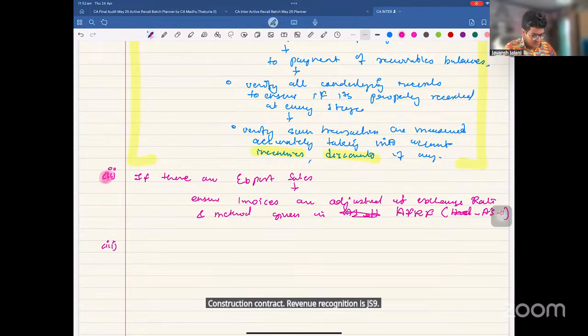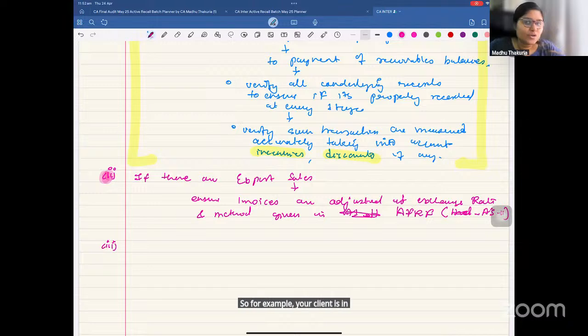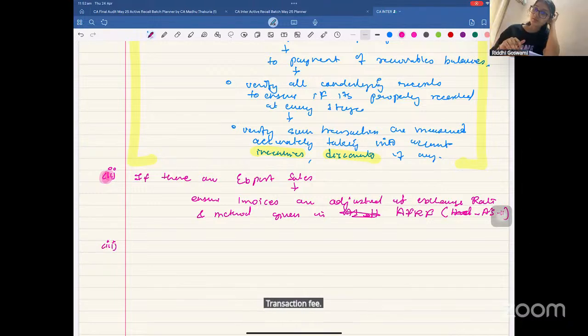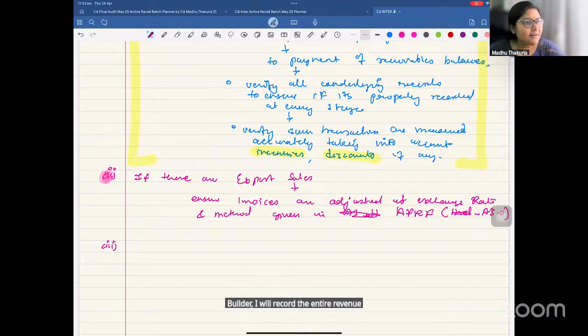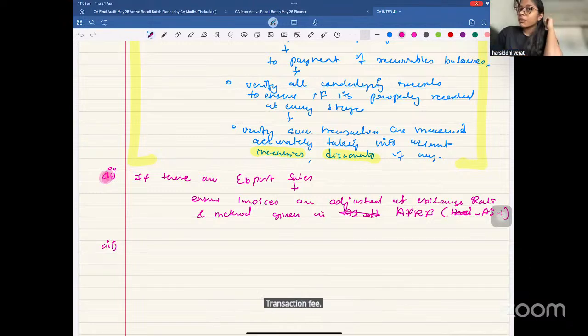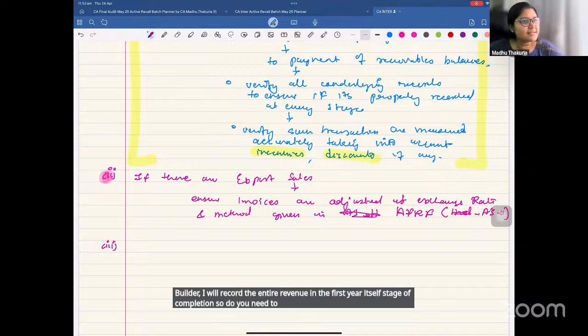So for example, your client is in construction. Will they record the entire revenue in the first year itself? No. Stage of completion. So do you need to understand the point of sales?